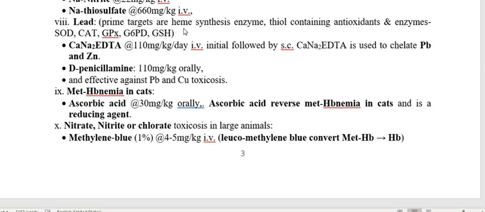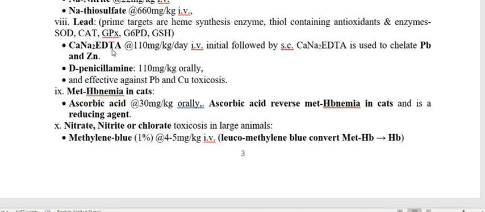If it inhibits the enzymes participating in heme synthesis, then how will heme synthesis occur? If it inhibits antioxidant enzymes like SOD, CAT, and GPX, the antioxidant property of the animal gets lost. Therefore, as an antidote of lead toxicity, we are going to give a drug like a chelator.